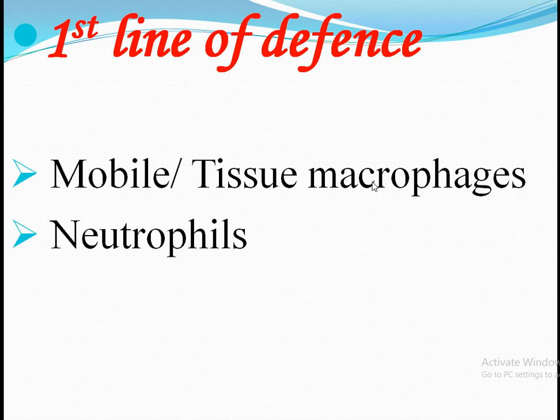Then this whole defensive story changes. The main target is just to defend, to save our body from the infective agents. But our line of action will change with the complexity of the infective process.